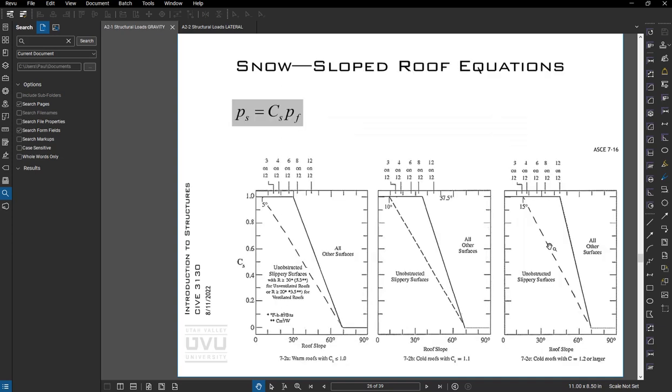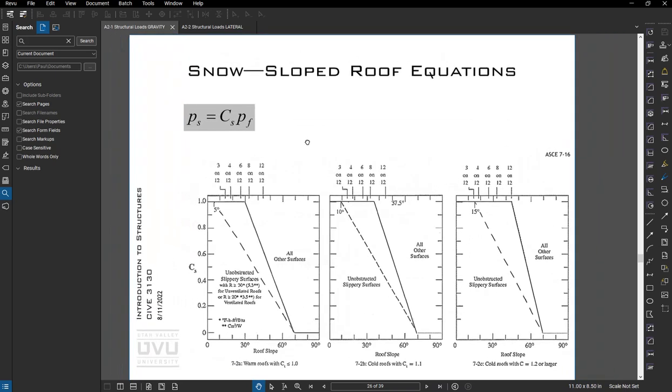All right, there's a sloped roof equation. Basically, you can take the flat roof load, reduce it by the sloped roof factor based on if you're warm, cold, and are you slippery or not slippery. So steeper slope buildings, you can shed some snow, reduce the snow load.